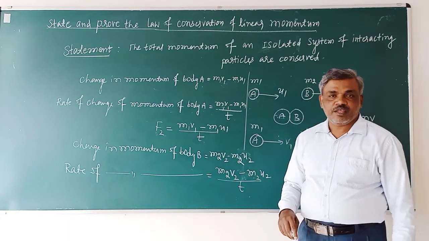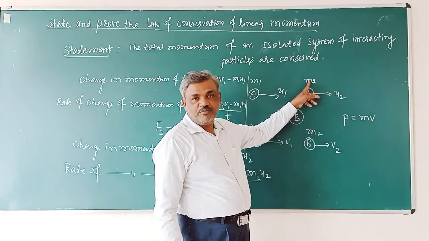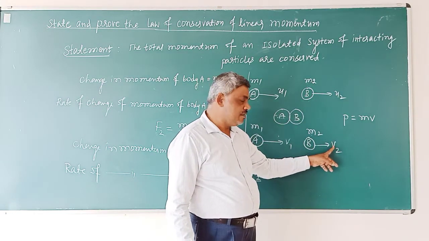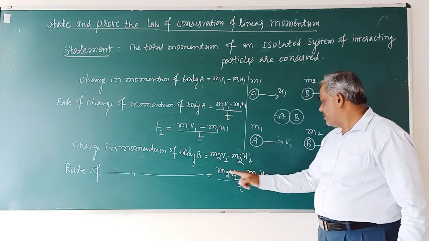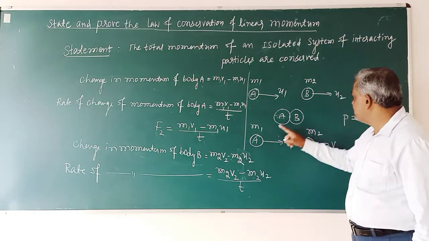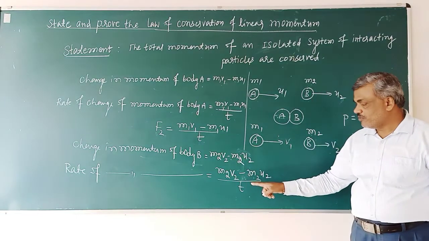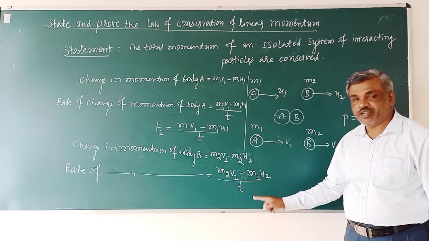Similarly, now the second body of mass m2, initial velocity u2, after collision final velocity v2. So change in momentum of body B: final momentum m2 v2 minus initial momentum m2 u2. Now the rate of change of momentum is m2 v2 minus m2 u2 by t.